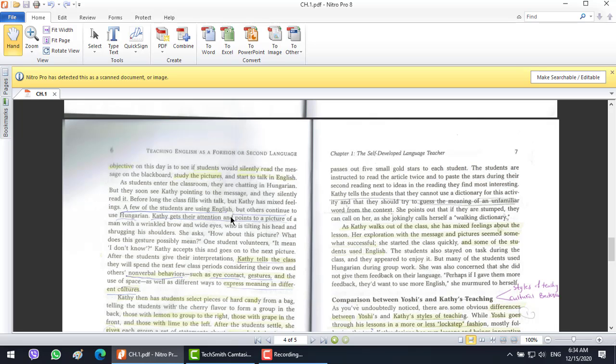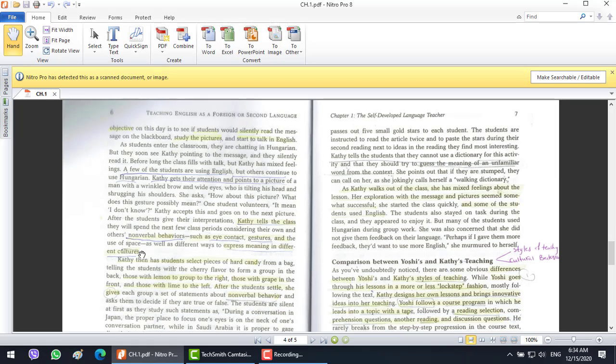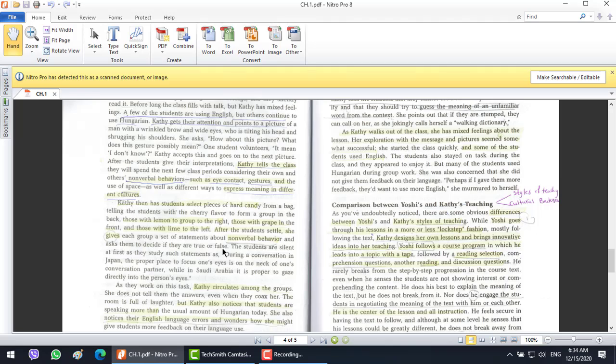Cathy gets their attention and points to the pictures she put on the blackboard. Cathy turned her classroom around using non-verbal behavior. What is non-verbal behavior? Non-verbal behavior means examples like eye contact, gestures, and use of space, as well as different ways to express meaning in different cultures.